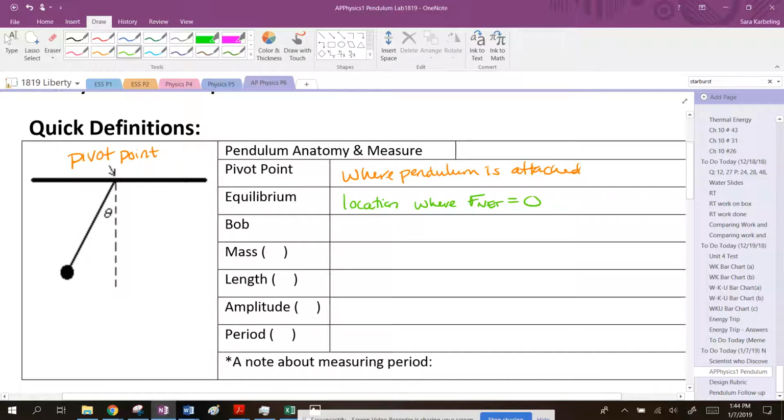Okay? You can also think about it just as its natural resting point. Where on the picture does the equilibrium exist? The dash line. That dashed line, that dotted line. Yeah.